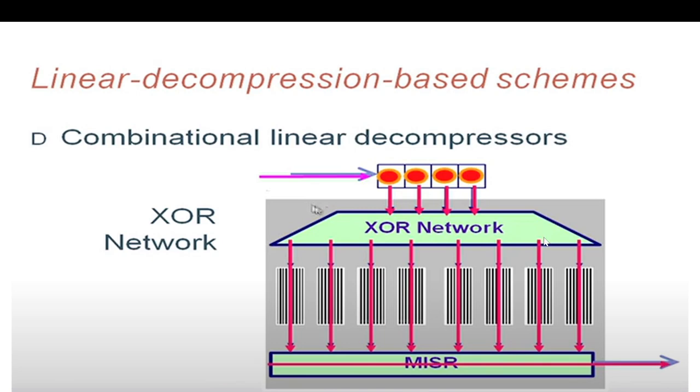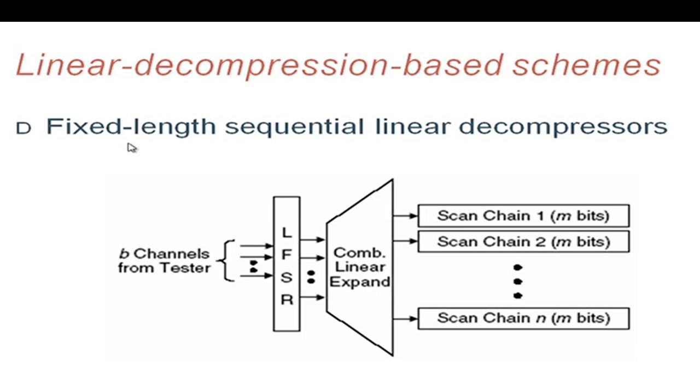Combinational linear decompressor: here we use some XOR gate network and MISR for the response analysis. Fixed length sequential linear decompressor: we have an LFSR circuit. So a lesser number of bits coming in, the LFSR will have a few more bits, and we use a combinational linear expander and then apply to the different scan chains.